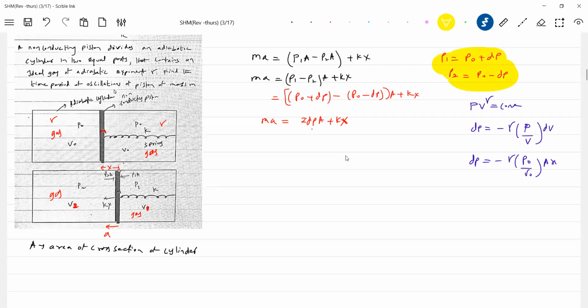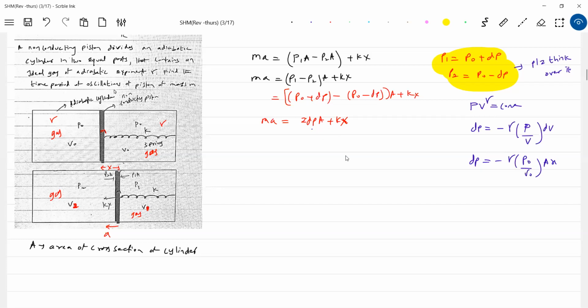I'll bet you we'll have trouble here. dP will be positive now, sir. No, the magnitude is what I'm going to take. From mathematics I would have to write a negative sign, but let me take only the magnitude, not the negative sign.